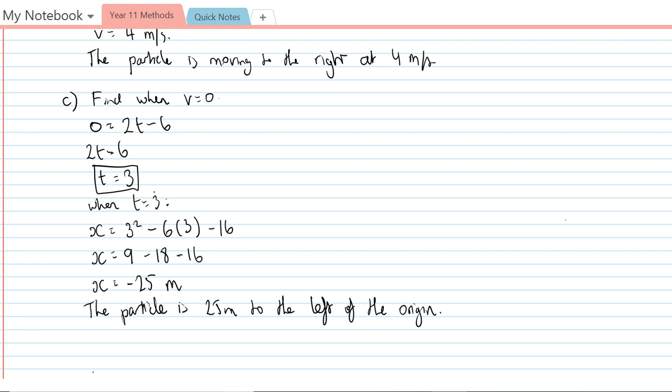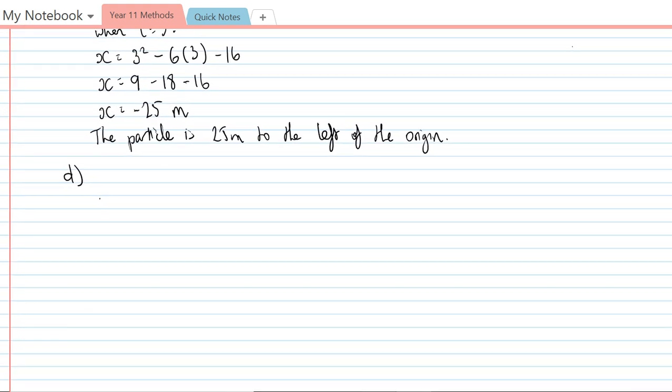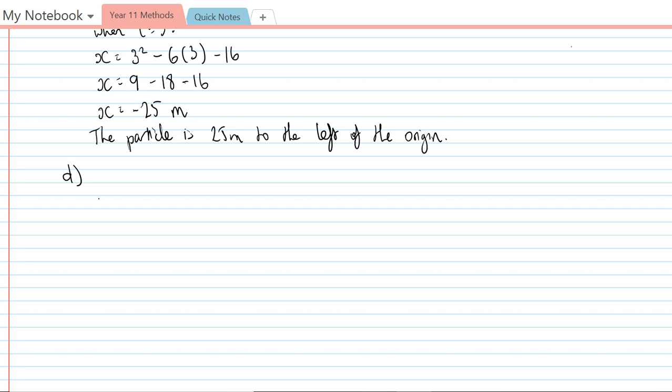So the next part, part D, is find the time when the particle is at the origin. If the particle is at the origin, what that means is that the displacement is 0. So I'll say let x equal 0. And that means 0 equals t squared minus 6t minus 16. And so we need to solve this. The way that we solve any polynomial is we use the null factor law. So I need to factorize this. It should factorize nicely.